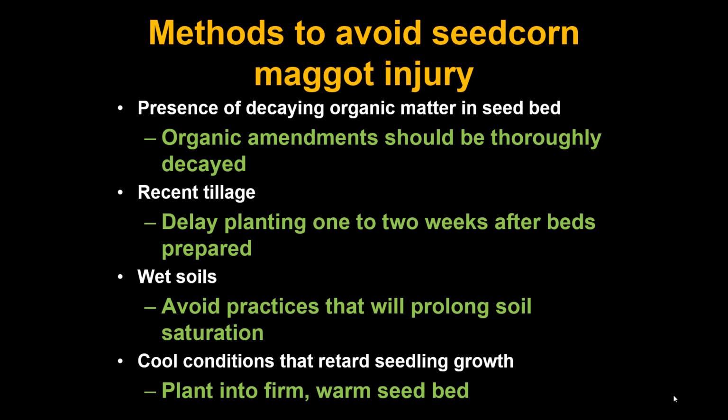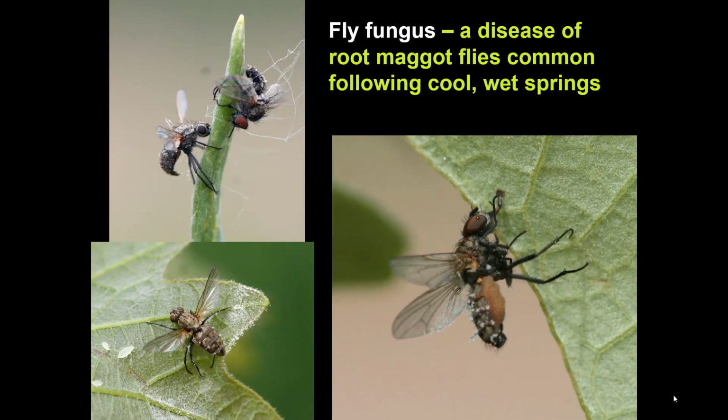Avoid practices that keep it very moist. I mean, obviously it needs to be somewhat moist, but if you have some control over this, don't keep it wet all the time. And plant it in a warm, firmed seed bed so it can get up and out as fast as it can, so it can outgrow those injuries.